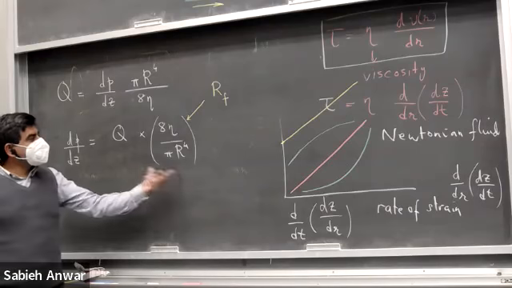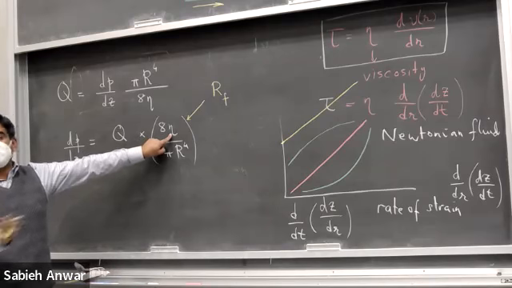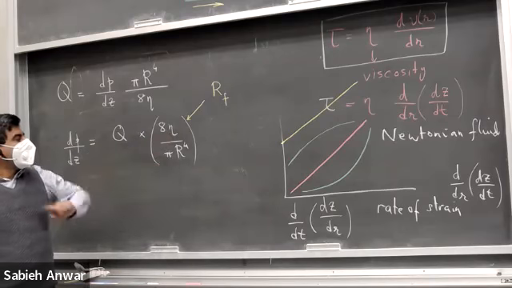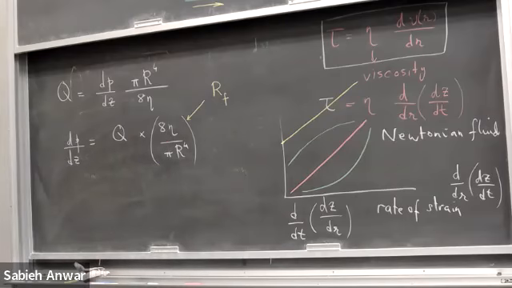Now, if you look at this resistance, the resistance depends upon the viscosity of blood. But remember, we have to remain in the Newtonian regime for this analysis to work. The rheology of blood is really complicated. And it's inversely proportional to the fourth power of the radius of the artery.